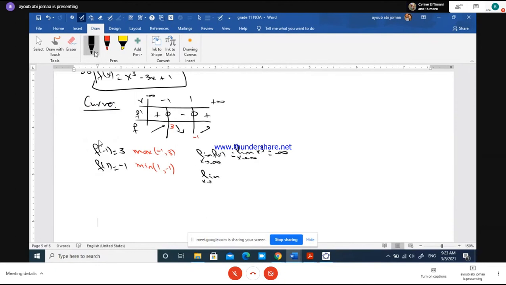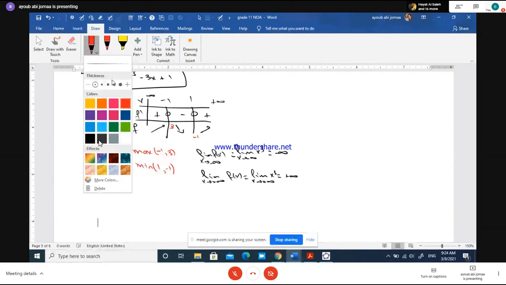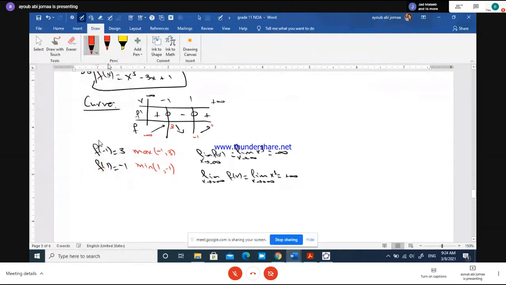Limit as x approaches positive infinity of the function is equal to limit of x power 3, which is also positive infinity. So it increases from negative infinity to the maximum, then decreases to the minimum, and then increases to the max. So the graph looks like this.